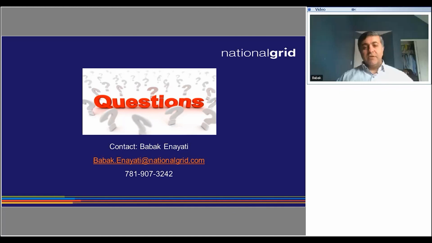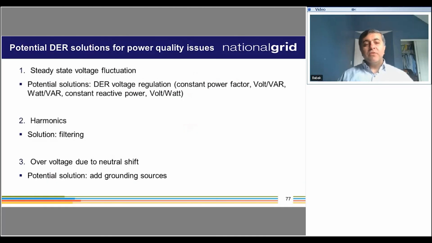Okay, that's a good question. Volt-var has its own advantages, and that is when the voltage is in an acceptable range, there's no need to inject or absorb reactive power. That's unlike power factor, constant power factor, or constant reactive power mode.